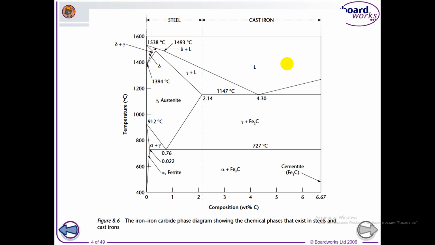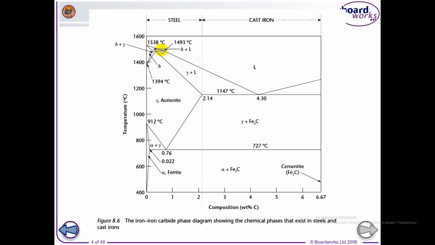Another important point to note from this figure, from 1.3 to 1,147 degrees.